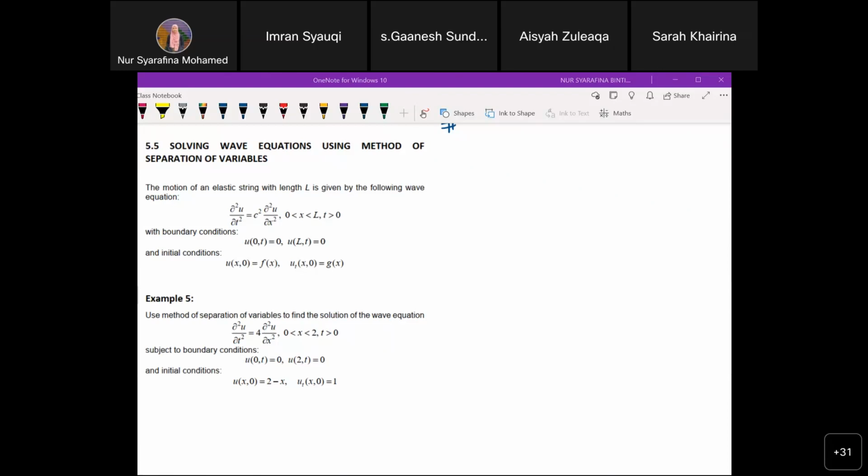All right, so how can we find this? How can we start? This is a PDE and we are going to use MSV. So where should we start? What is our first step here?